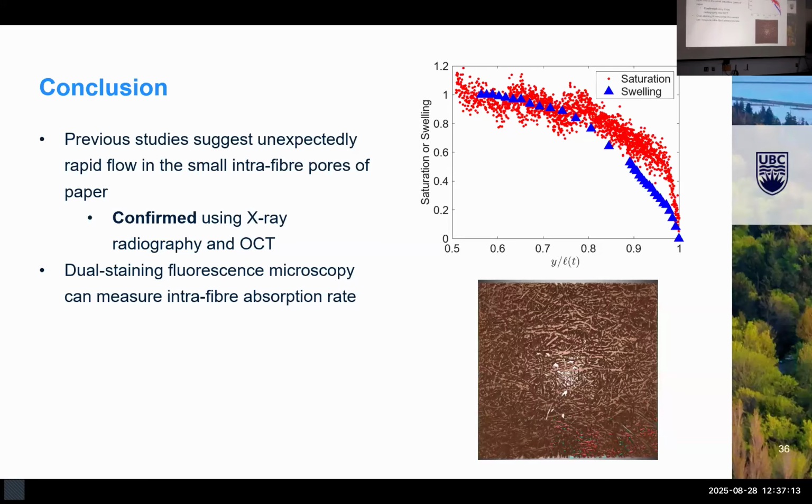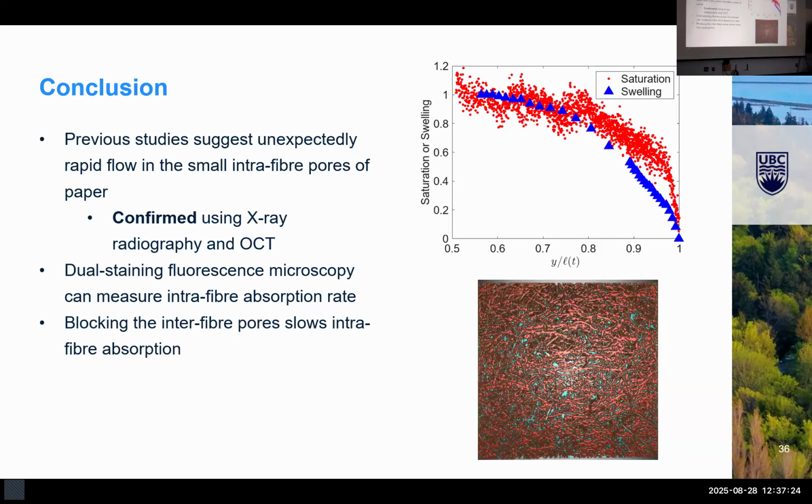Then we devised this dual staining approach to distinguish between the dye in the different domains of the paper, inside the fibers or outside the fibers. And we have some pretty promising results that show that blocking these interfiber pores slows down the intrafiber pore absorption. So there must be some sort of link between the two.